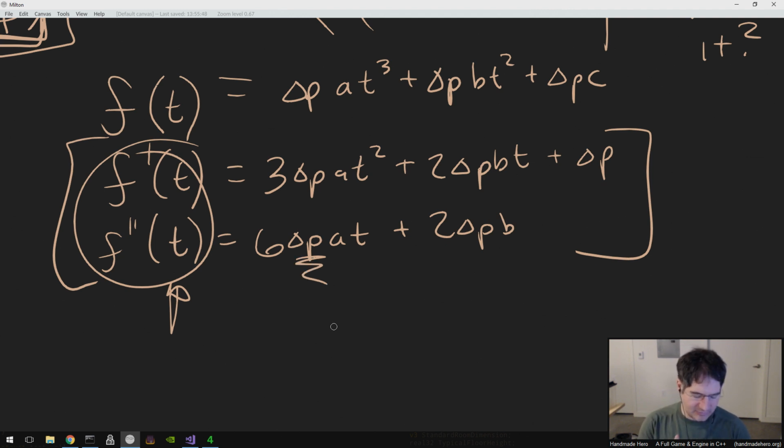So if we want to match the velocity and the acceleration, what would our delta p have to be now? And what would our t have to be now to produce that answer?